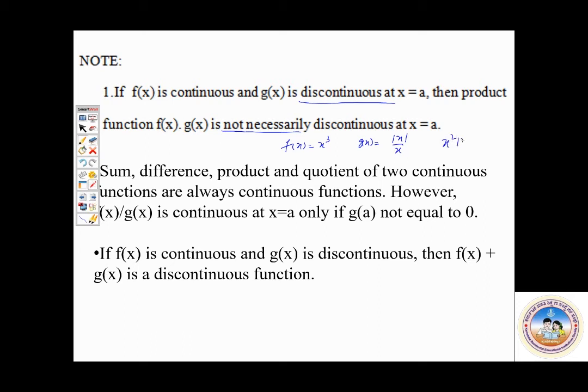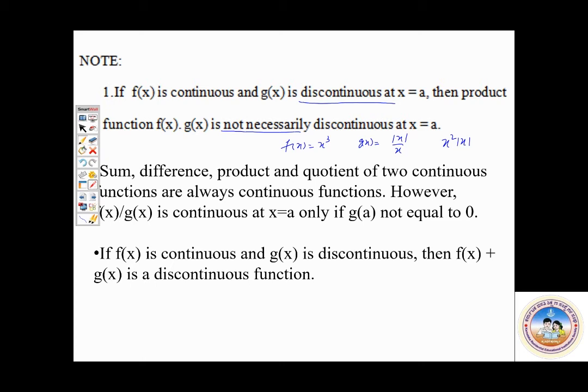Next, this you have studied as algebra of continuous functions. What is it? The sum, difference, product and quotient of two continuous functions are always continuous functions. However, f of x by g of x is continuous at x equals a only if g of a is not equal to 0. If the problem given is sin x by x, as x tends to 0, all right.